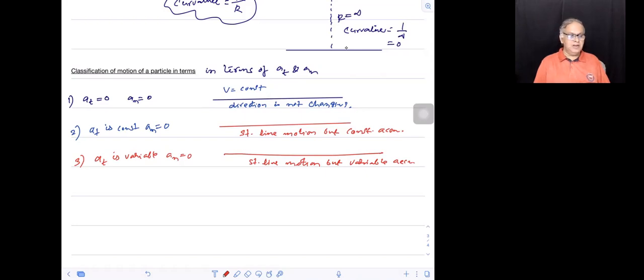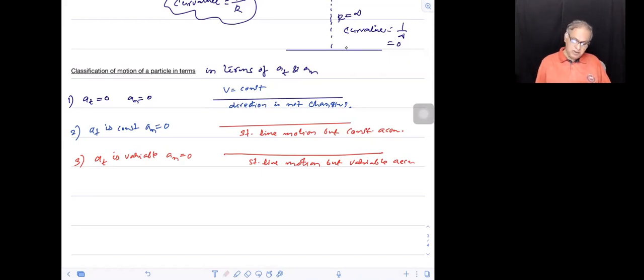That means the distances covered are in a nice ratio, like 1:3:5:7. In the third, AT is variable, the acceleration itself changes. All these three motions we dealt with in great detail.